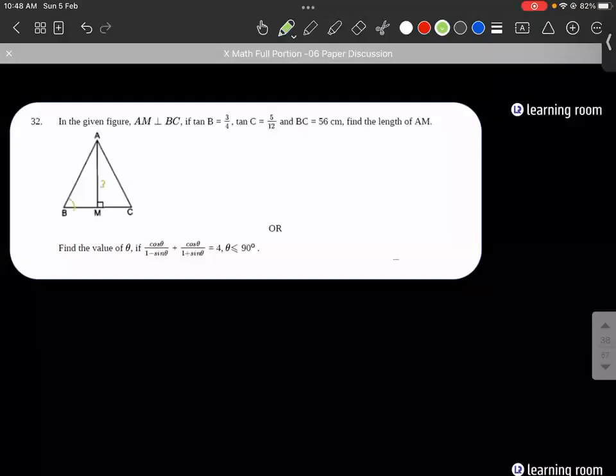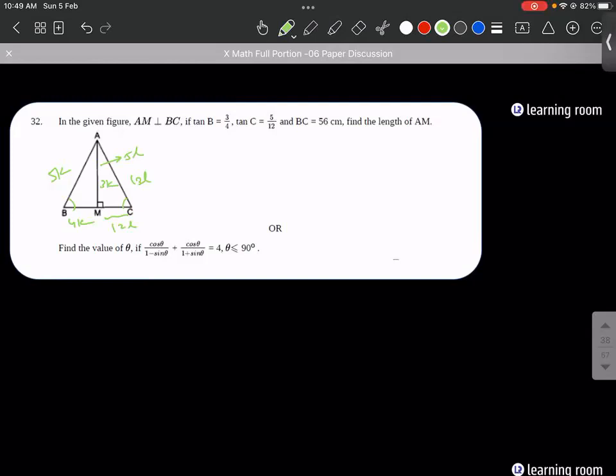So this is B, this is 3K, this is 4K, then this will be 5K. Tan C is equal to 5 by 12. So this will be 5L, 12L, so this will be 13L. BC is equal to 56. Then find the length of AM.